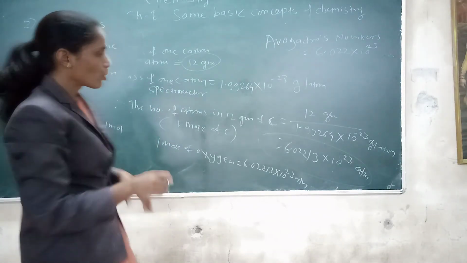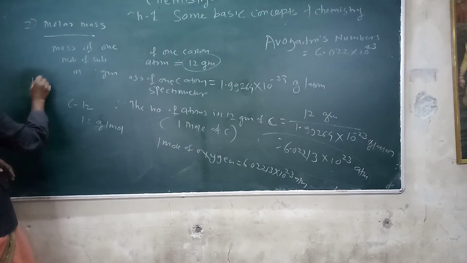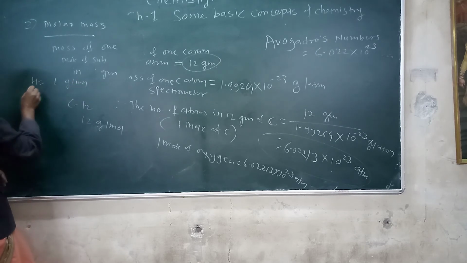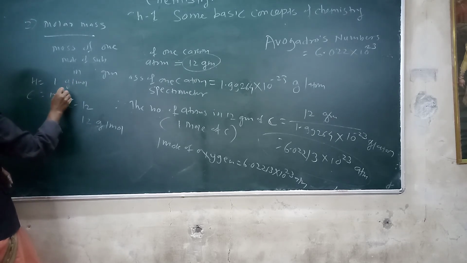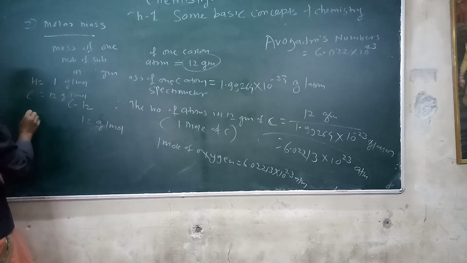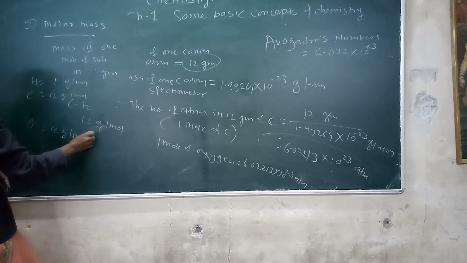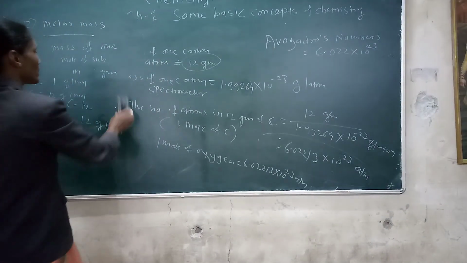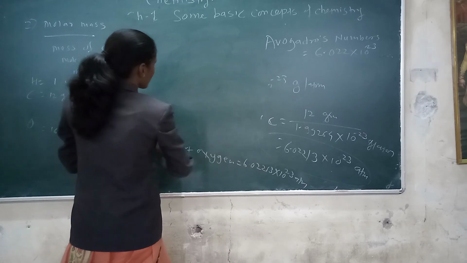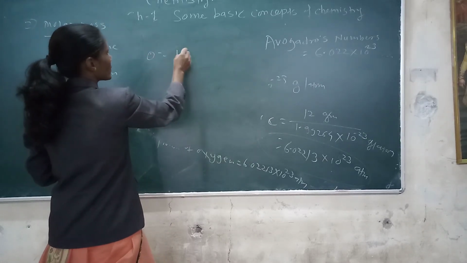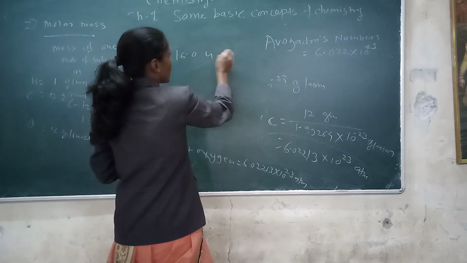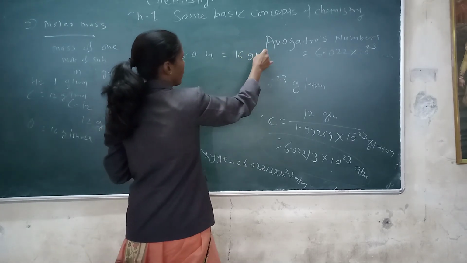For example, hydrogen shows 1 gram per mole mass. Carbon shows 12 gram per mole. Oxygen shows 16 gram per mole. These are the molar masses. Oxygen shows 16 unit atomic mass, and molar mass means 16 gram per mole.